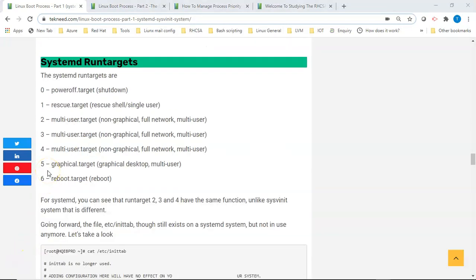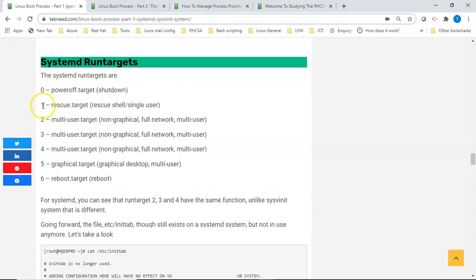If the default run target is set to 5, it means that the system will boot into multi-user mode, and it will also have the full graphical desktop. If the default run target is set to 6, you will just see that your system begins to reboot as it is trying to come up.